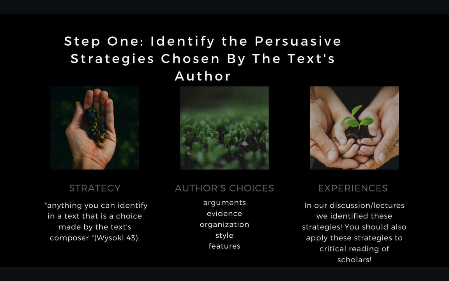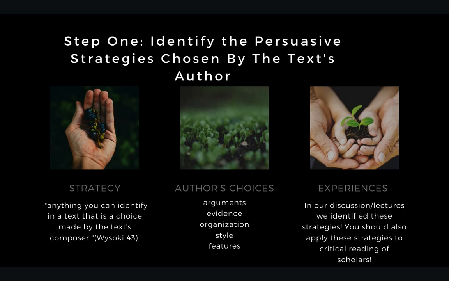So here are some strategies. If you're thinking, okay, this is great, I'm getting what you're saying, but what are the steps I can take to get my brain together and think about it? I think the first step is to identify the persuasive strategies that have been chosen by the text author. First, examine their strategy. What are the things you can identify in the text that are specific choices made by the text composer?